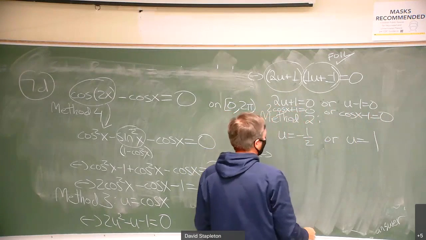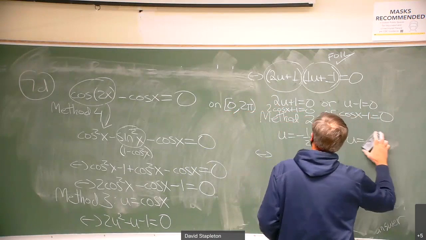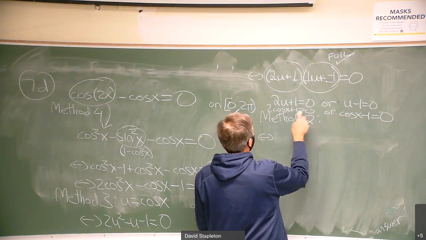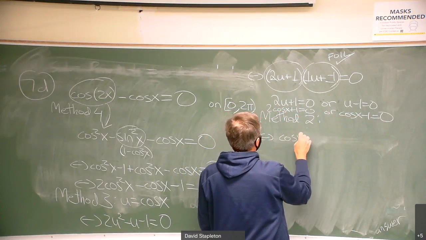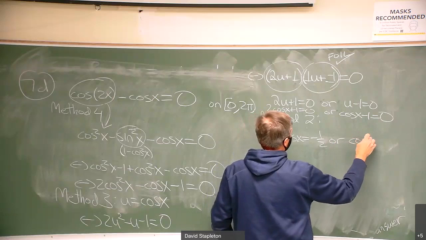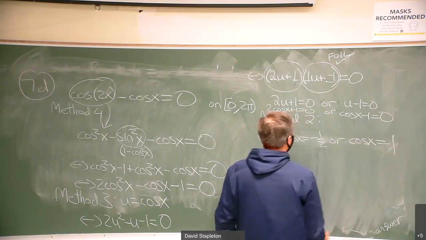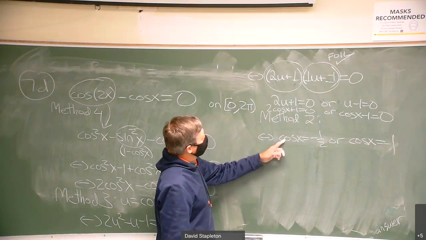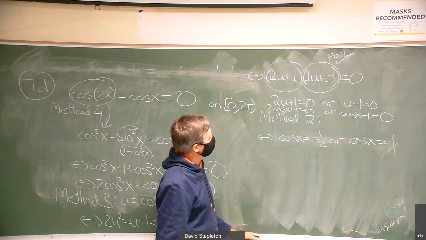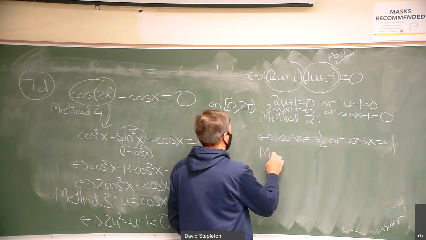Let's put it that way. And then you solve, these are linear equations in cosine x, so subtract 1 and divide by 2, cosine x equals minus a half. Or this one, add 1 to each side and get cosine x equals 1. Trig function equal a number, it's method 1.